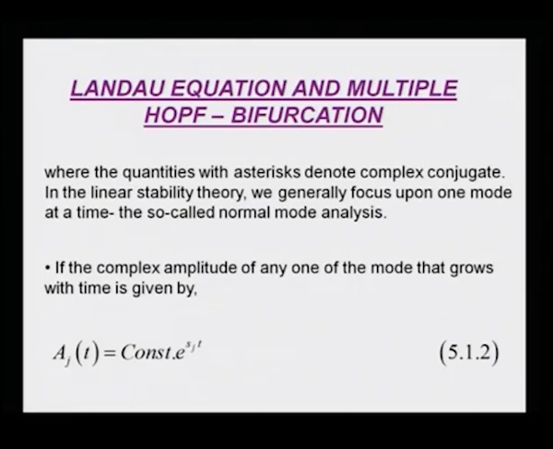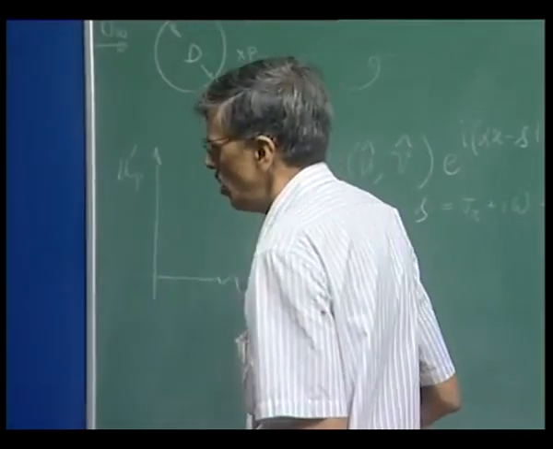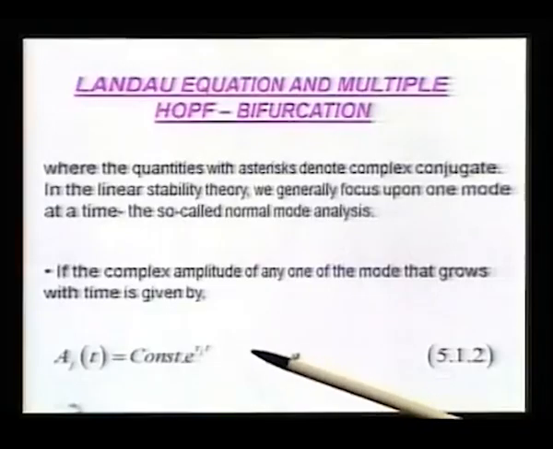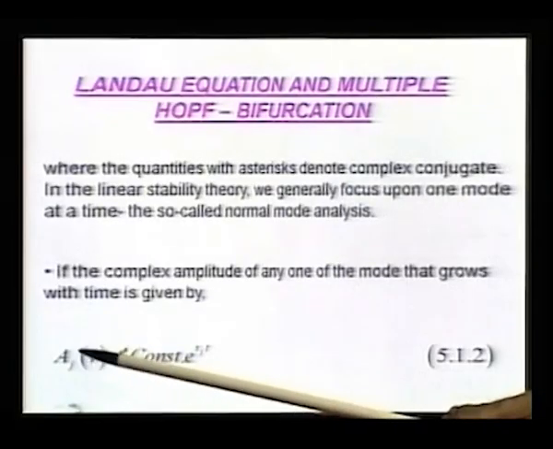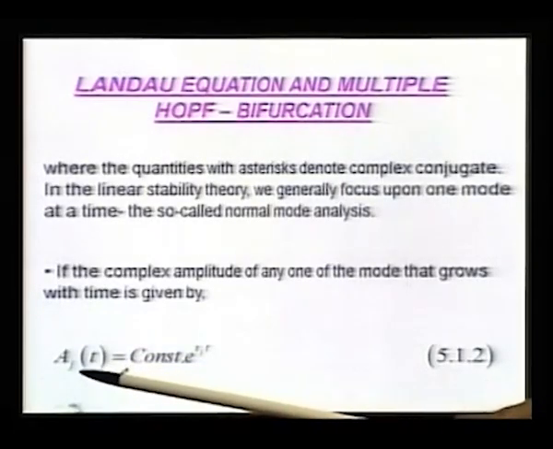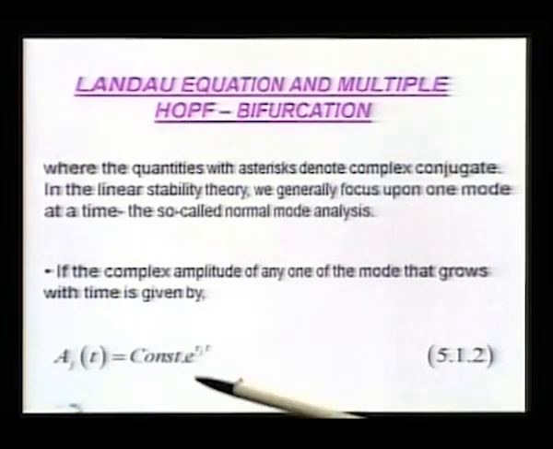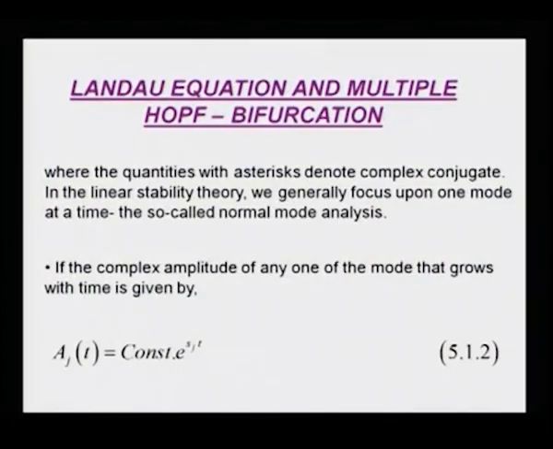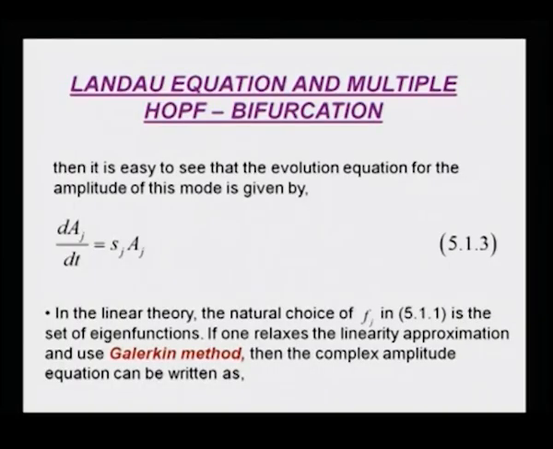So Landau proposed an equation, but let's first of all look at the initial stage where we have an exponential growth of disturbance. So if I call that amplitude of the jth mode a_j of t, that is some e to the power s_j t, right? Now, if that is the description of the jth mode, I can take a time derivative of it and divide the derivative by a_j, I get this equation.